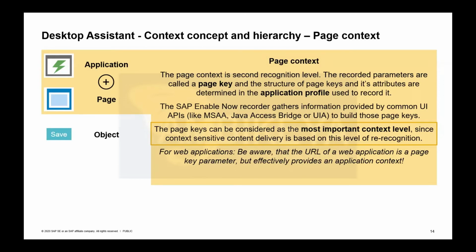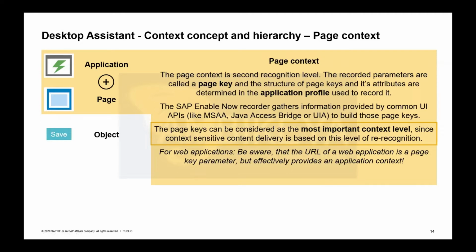The common ones are MSAA, Microsoft Accessibility API, and UIA and UIA.com, newer Microsoft interfaces. For Java, there's a specific one called Java Access Bridge, and some more, but we're going to see them all in detail later.